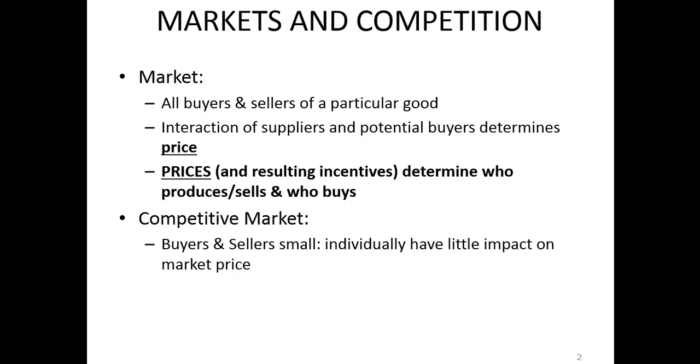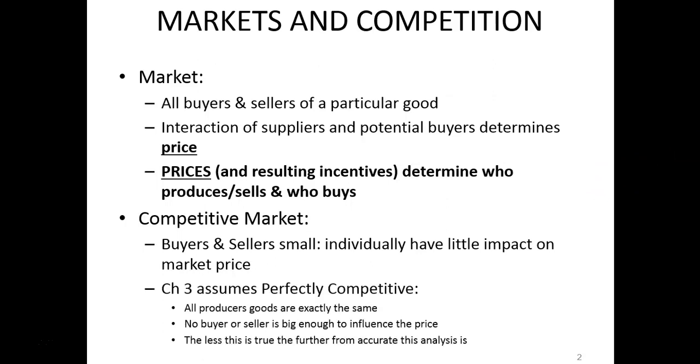So this simple graph is going to describe a lot of the dynamics of what happens in a market, assuming it is a competitive market, where there are a lot of sellers, at least more than a few, and a lot of buyers.